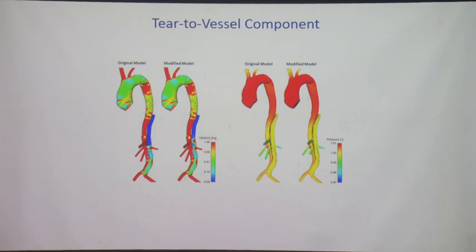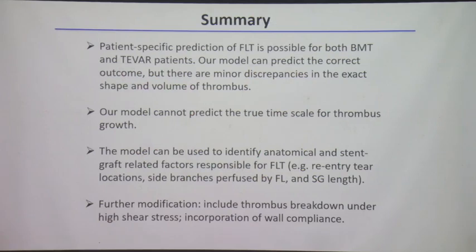And in this region, when the vessel is directly opposite the tear, you have this high shear region, fairly localized, but if the tear is further up, then there is a jet flow coming through the tear, and the wall that is opposite to the tear has a high shear stress, and then there is a low shear stress in between, and then followed by the rest. So it does create a difference, and it causes a difference in the pressure as well. So that's going to have a consequence, obviously, on the thrombus formation.